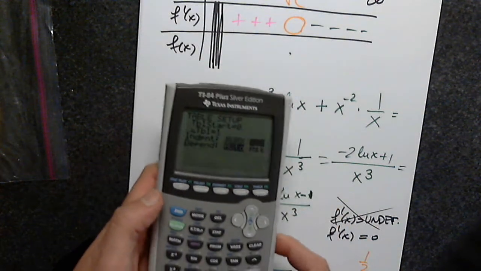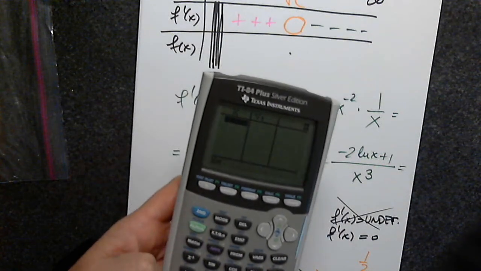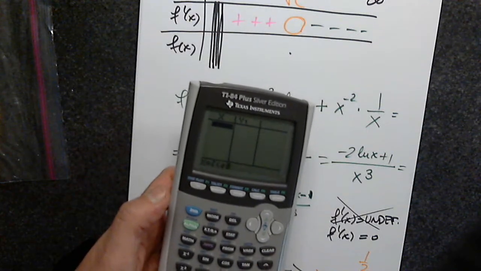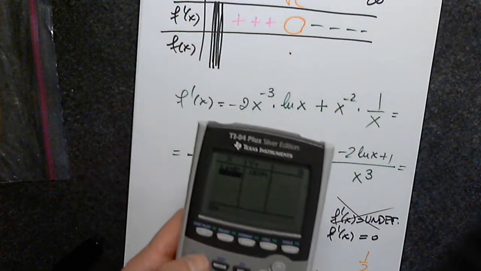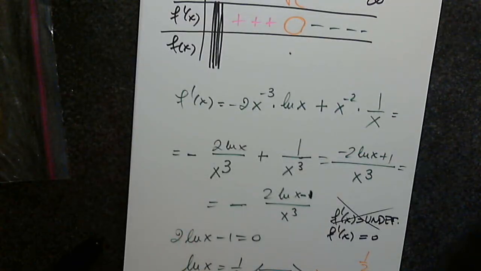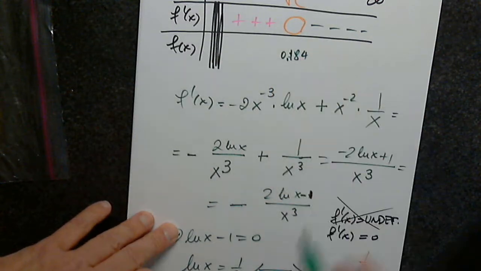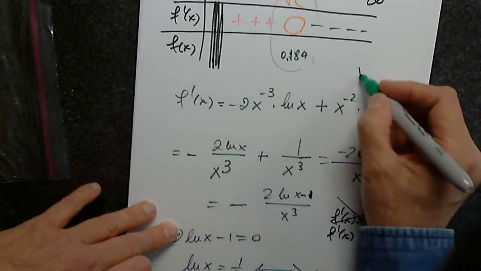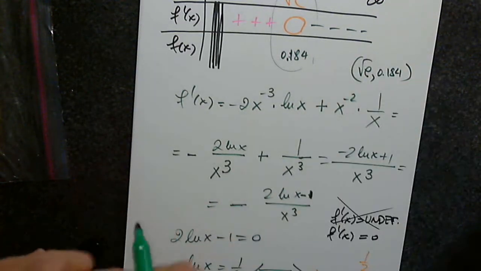Okay, so now I want to plug in the square root of e. And I get 0.18. I'm happy with that, or 0.184. And now I know exactly what this point is. The square root of e, comma, 0.184.